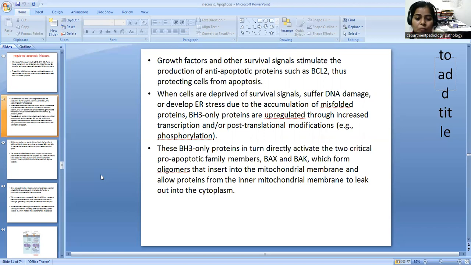These BH3-only proteins in turn directly activate the two critical pro-apoptotic family members, BAX and BAK, which form oligomers that insert into the mitochondrial membrane and allow proteins from the intermembrane space to leak out into the cytoplasm.